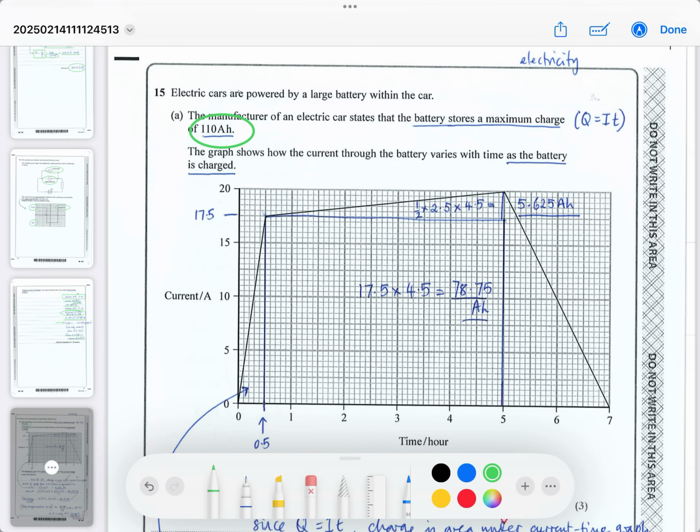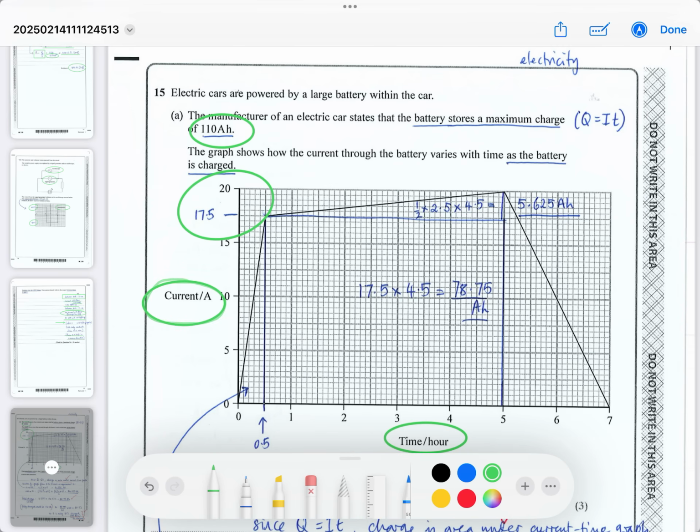So you can see at this point it only reaches the maximum charging current for 4.5 hours. Okay, so what do they want us to do? So the graph is current against time in hours, and remember, charge is current times time.